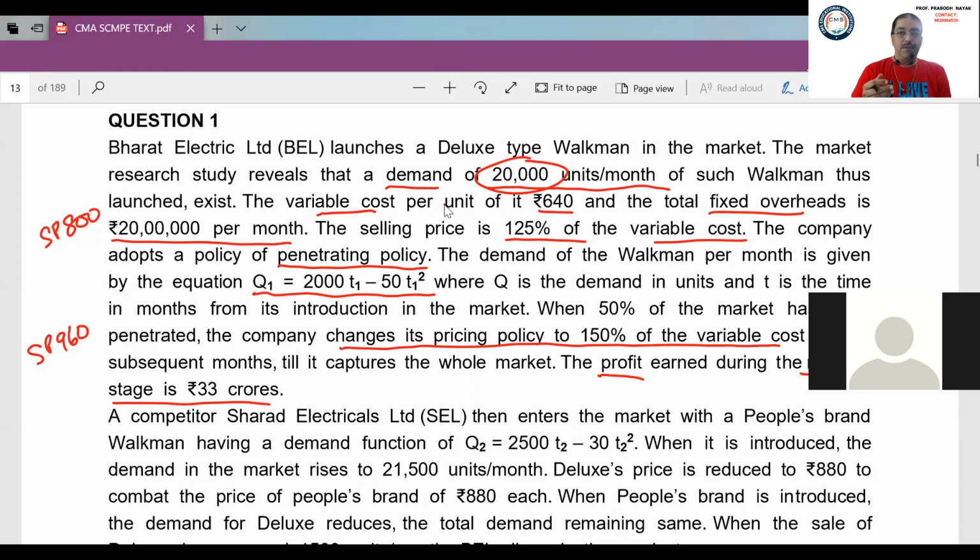After we reach and capture 50% of the market, that means the demand crosses 10,000, then I will increase my selling price to 960. Okay, that is the growth stage. When I reach the maturity stage, the profit is going to be 33 crores.